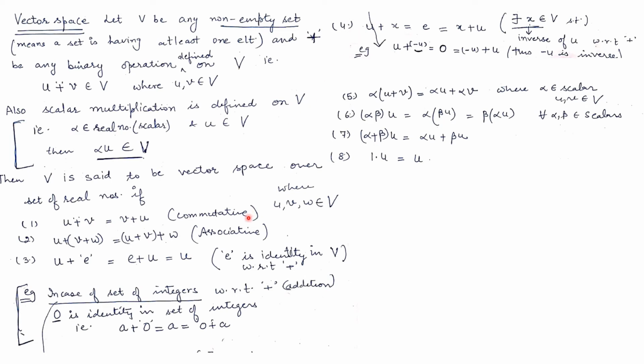So the first property is commutative, second is associative, third is existence of identity, fourth is the existence of inverse.